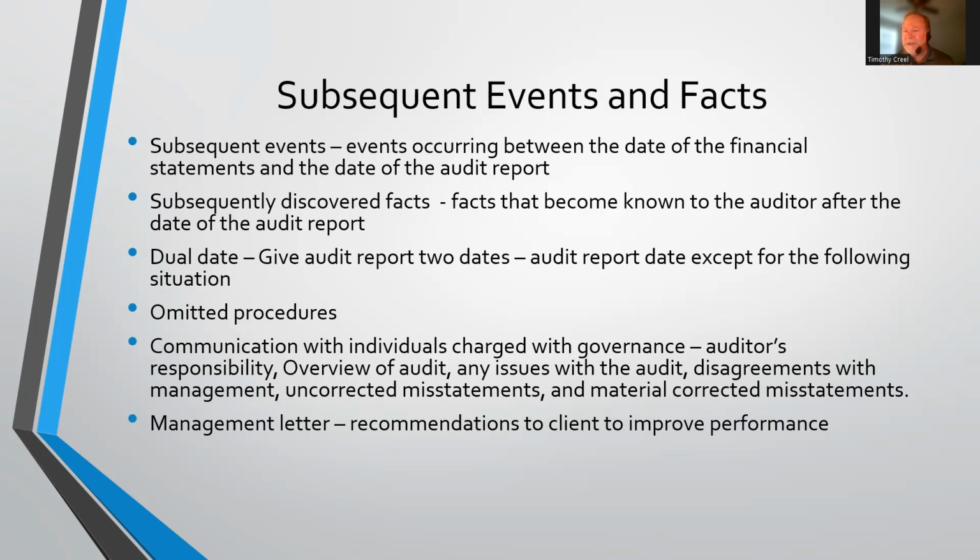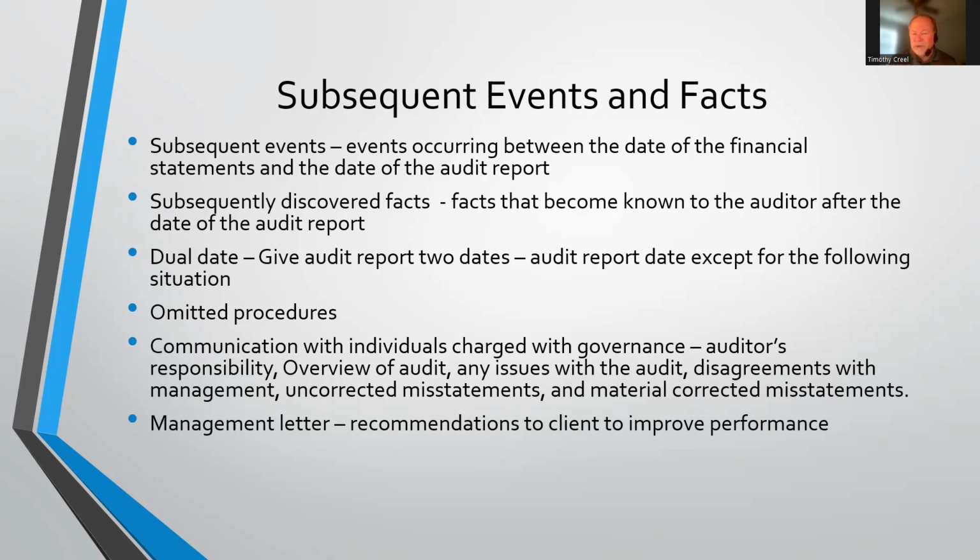You don't need to do anything else here. But if you find that they would have changed your opinion, then you might have to revisit the audit and your audit report. So it just depends on whether they were material, or whether you did other things that compensated for them in the audit. These would be things you would look at as far as omitted procedures.